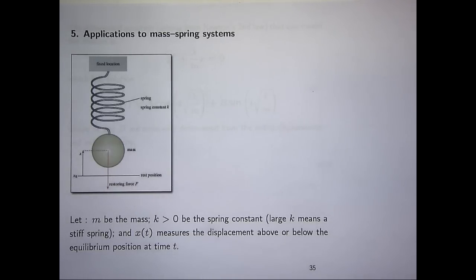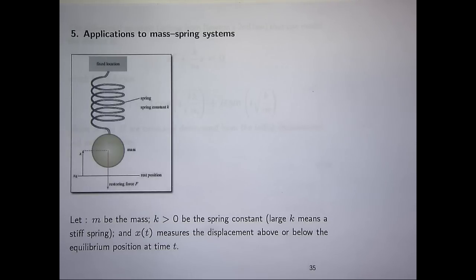Essentially, what we're going to look at is the dynamics of setting that system, the mass, in motion. We're also going to look at how we can use differential equations to describe the dynamics.